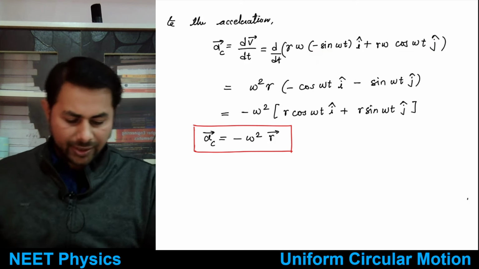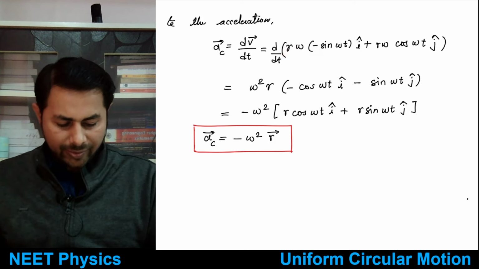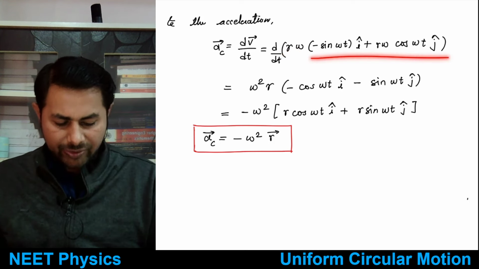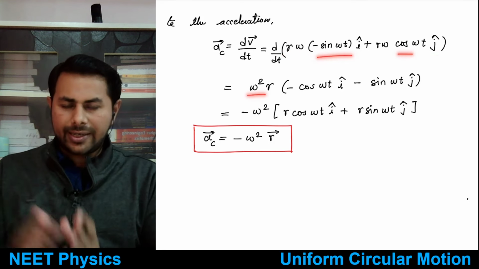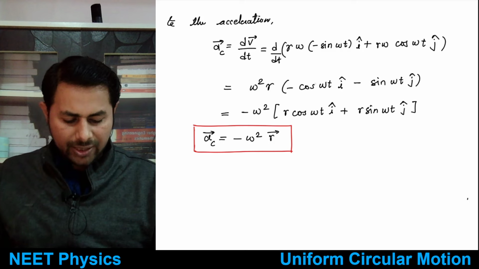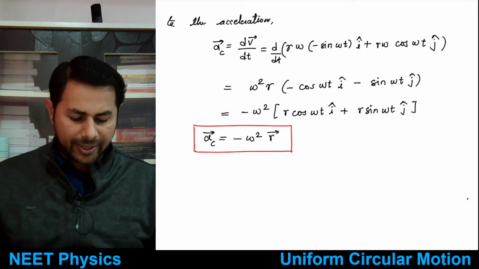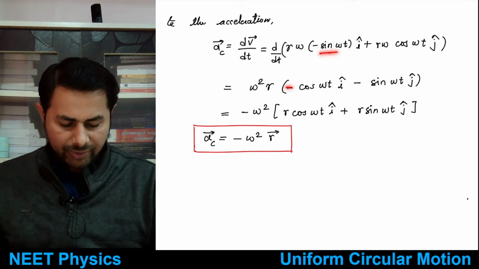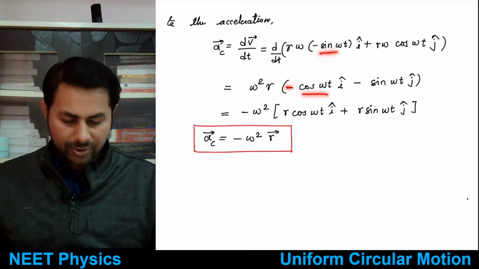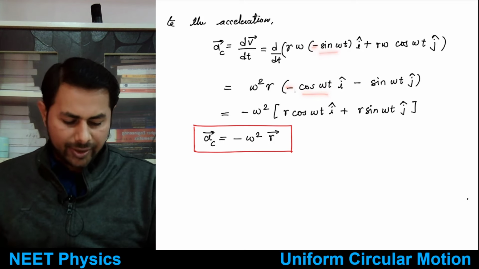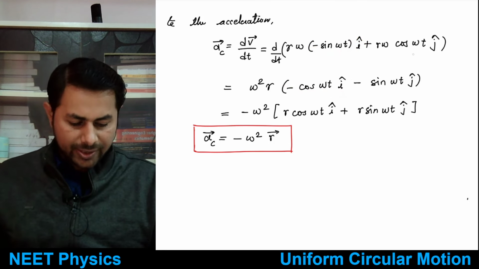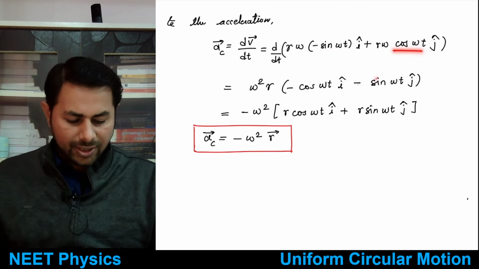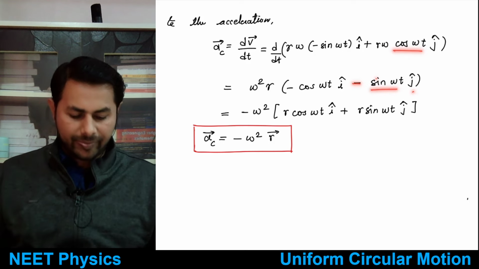That omega is there, no? We take it outside. So we have r times omega multiplied by another omega, which comes from the derivatives of the sine and cos terms. So you have r times omega square, and the remaining thing is in this bracket. That's minus, since the derivative of sine is cos, minus cos of omega t into i cap, plus the derivative of cos is minus sine, so minus sine omega t into j cap.